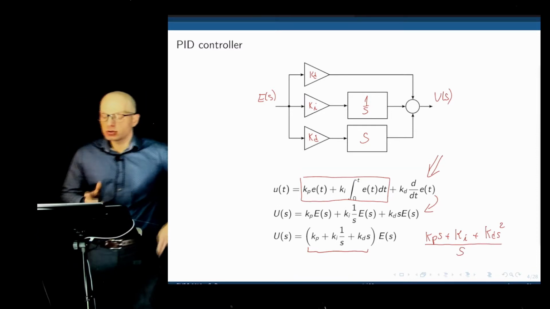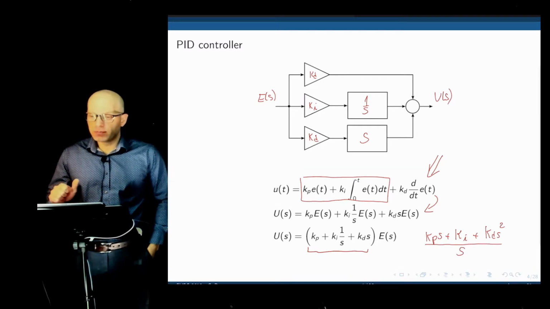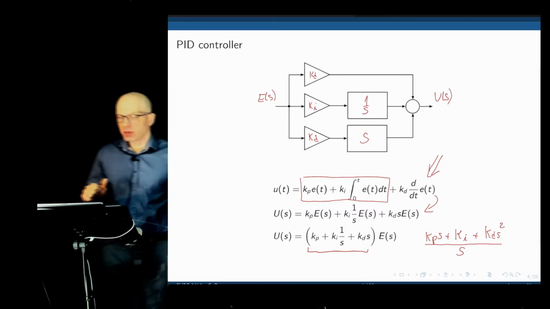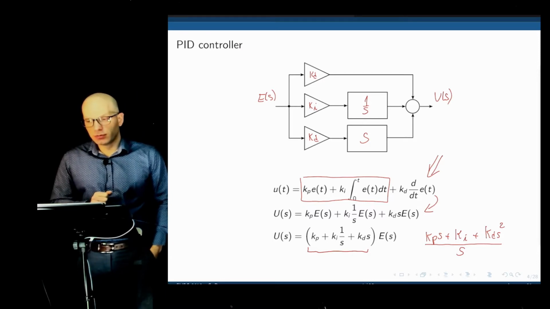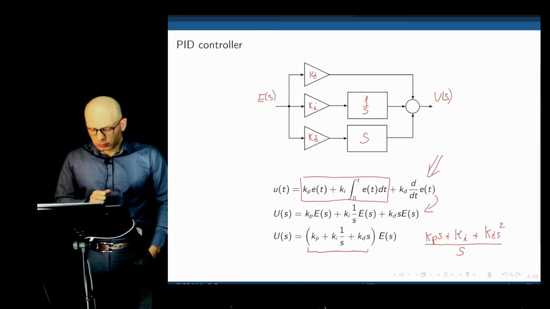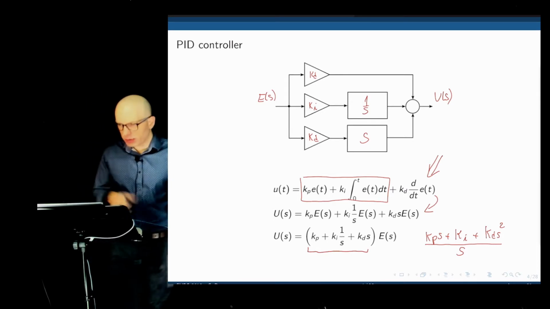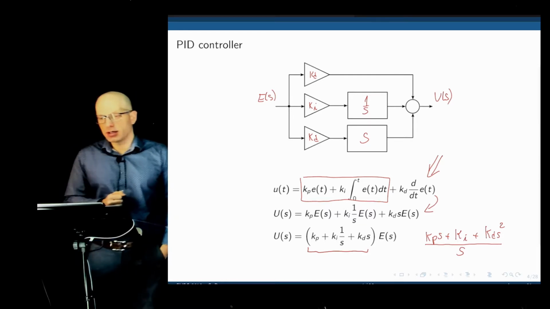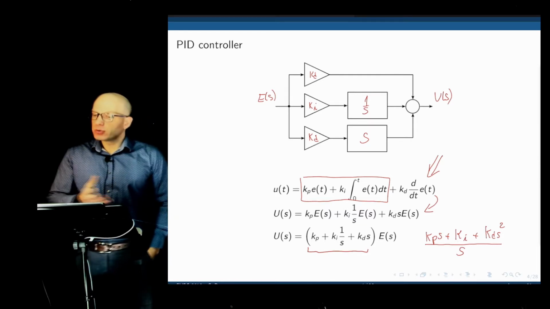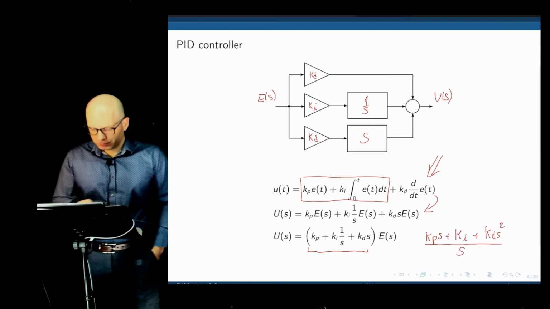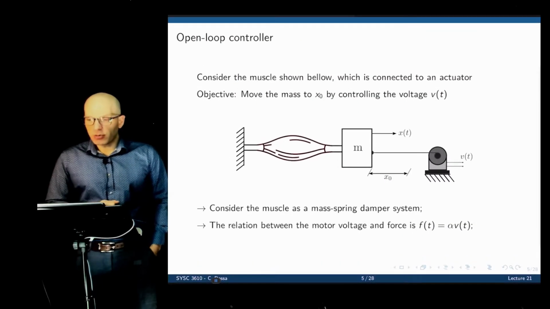So we can see that this controller adds 1 pole at the origin and 2 zeros to the closed loop system. Then we can play around with Kp, Ki, and Kd to place the poles where we want them to be.